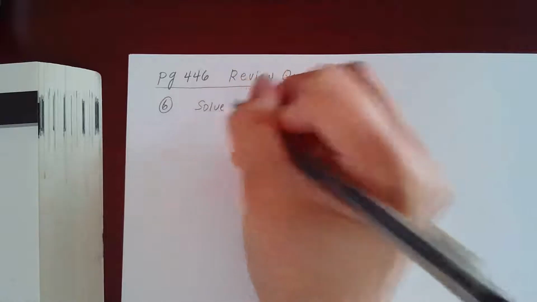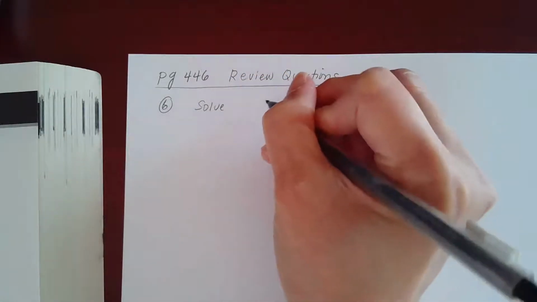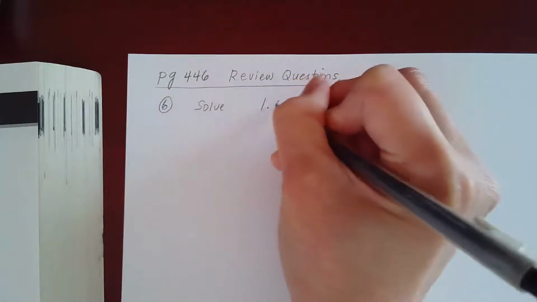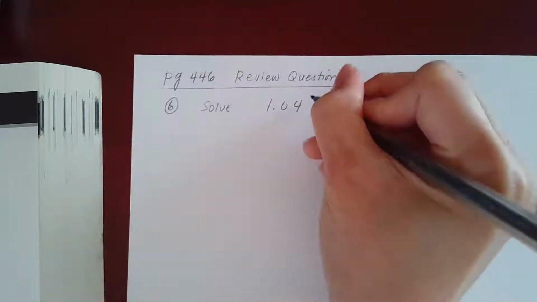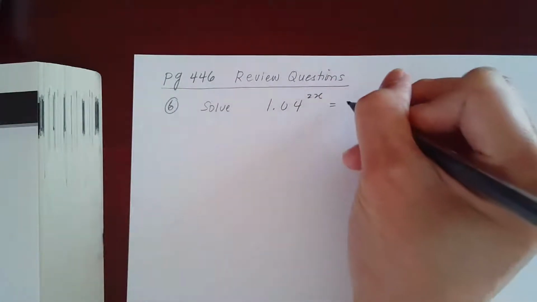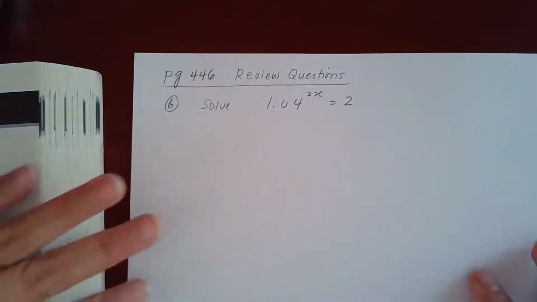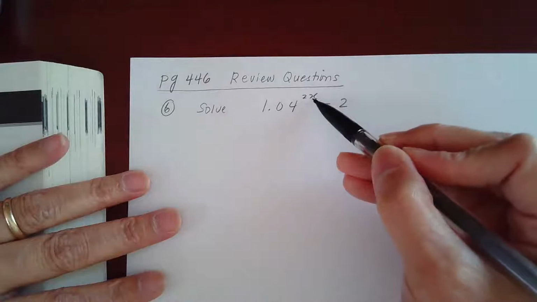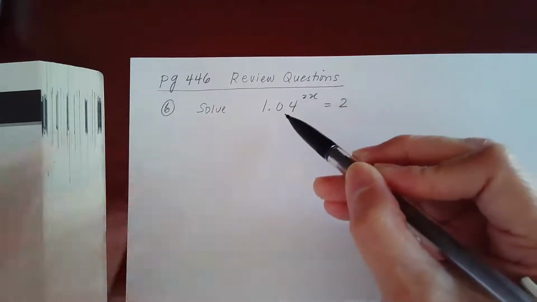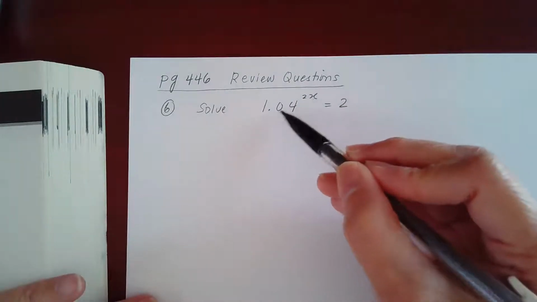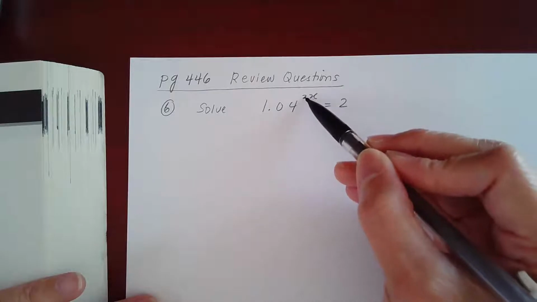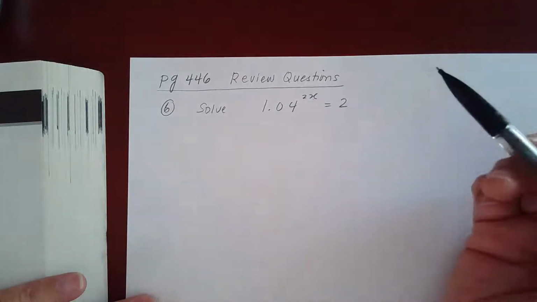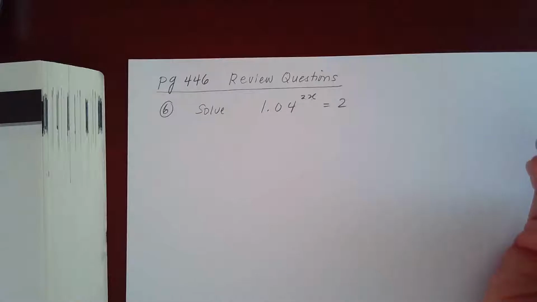Question number 6 says solve the equation 1.04 to the exponent 2x equals 2. What we're trying to find is the x value such that 1.04 to the exponent 2 times this number will give me exactly 2.